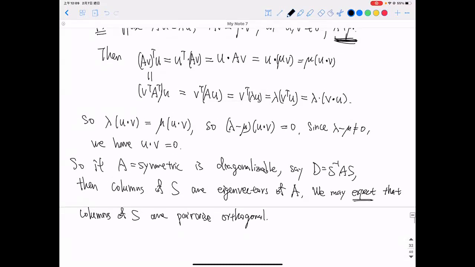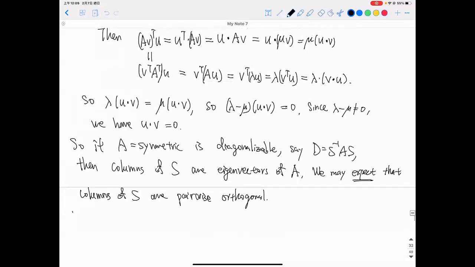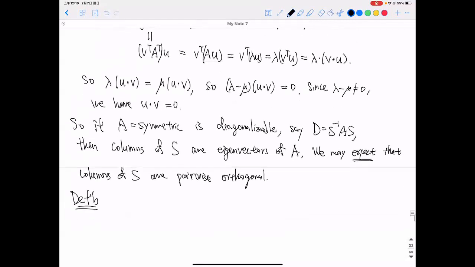And what we're going to do now is to formally consider matrices with that sort of property as follows.